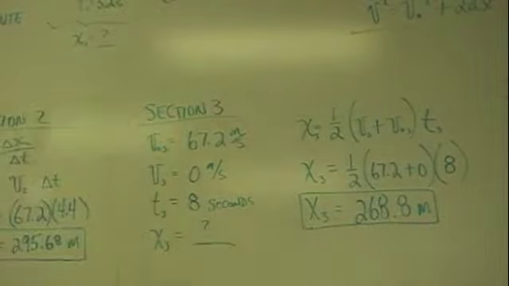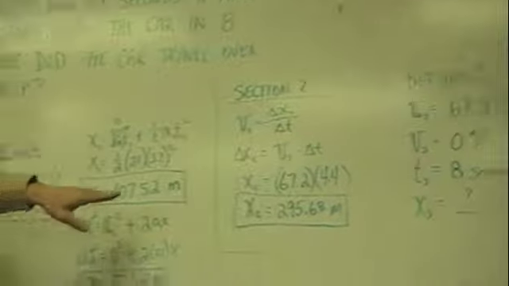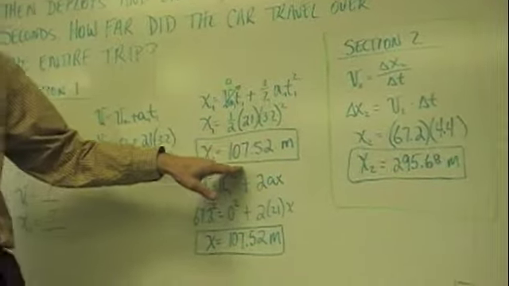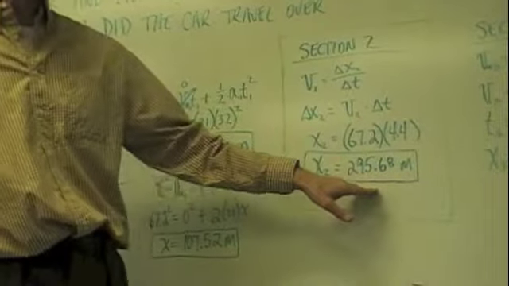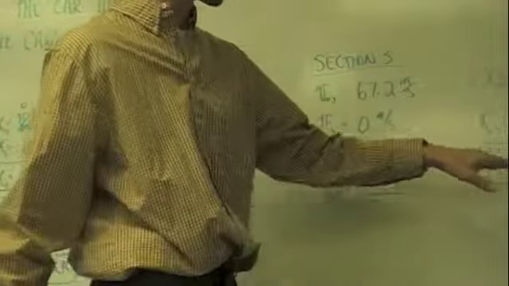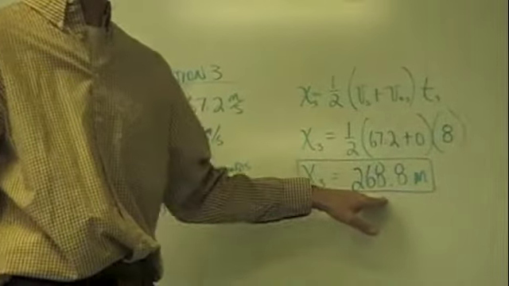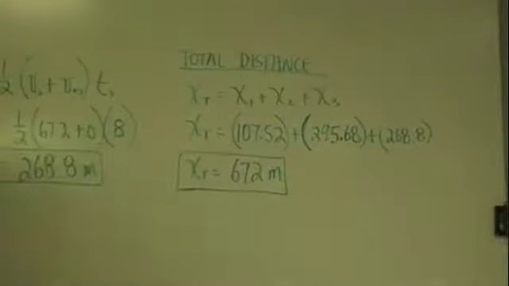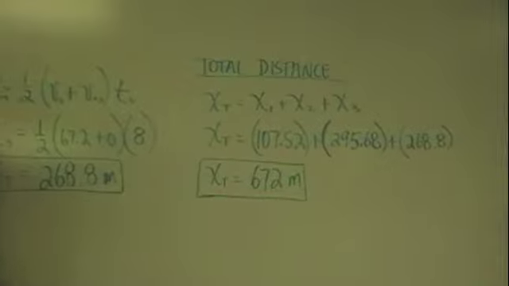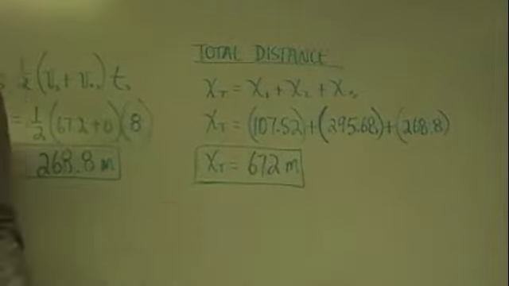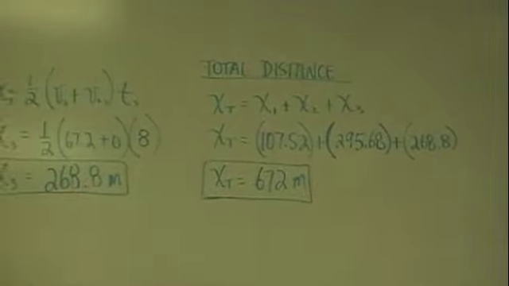Quite simply, we found distance traveled in the first section plus distance traveled in the second section plus distance traveled in the third section. We add those all up right here. We come up with a total distance traveled for the drag racer of 672 meters for the entire trip.